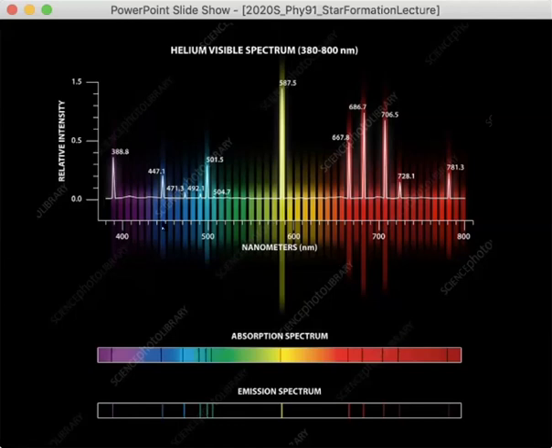We found this pattern on the sun by looking at the light coming from the sun, but we had not yet discovered an element on Earth that corresponded to this pattern of light. Until a decade or so later, when we discovered helium on the Earth, and realized when Bunsen lit it up that that was what we were seeing on the sun. So helium was first discovered on the sun before it was discovered on Earth, which I think is kind of fun.